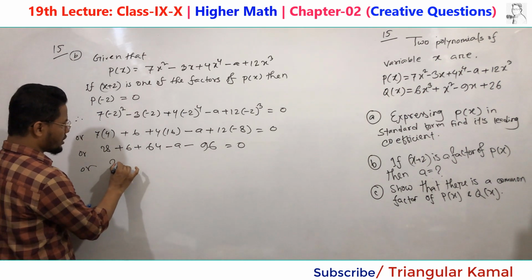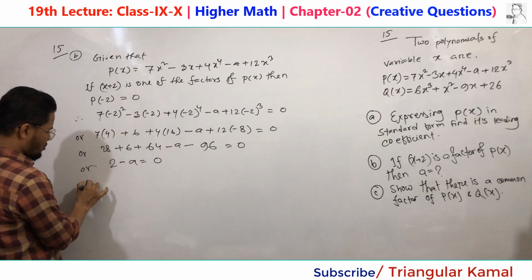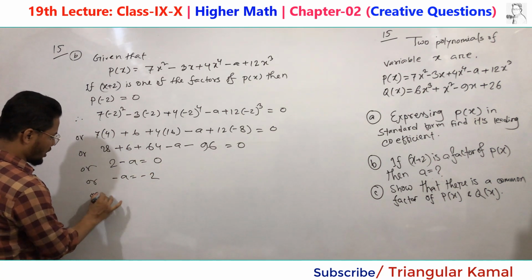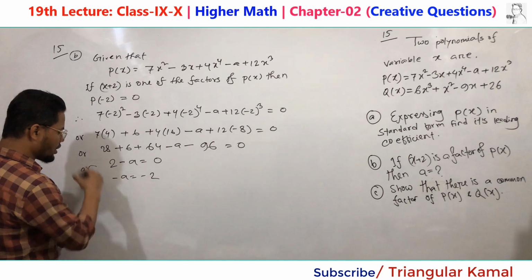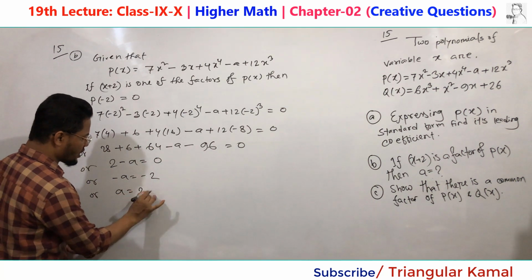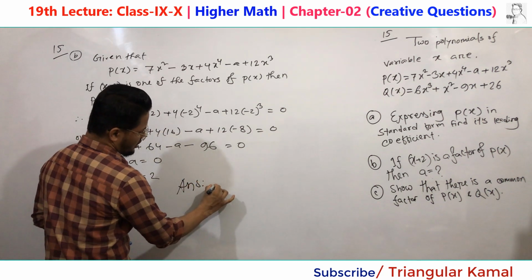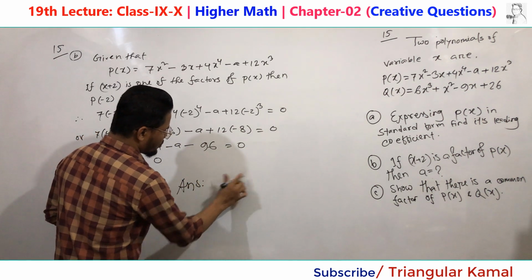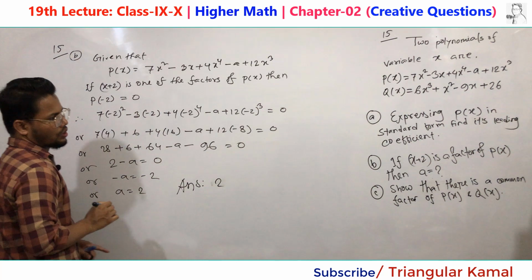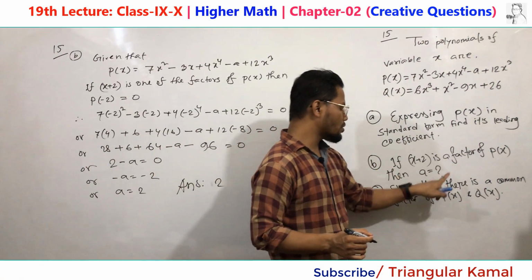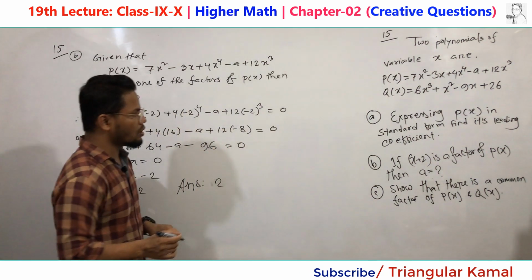That means 2 minus a equals 0, or minus a equals minus 2, or eliminating minus from both sides, or dividing by minus, we can write here a equals 2, and this is our answer. The requirement was a equals 2. If x plus 2 is a factor of p of x, then a equals what? So a equals 2 is our final answer.